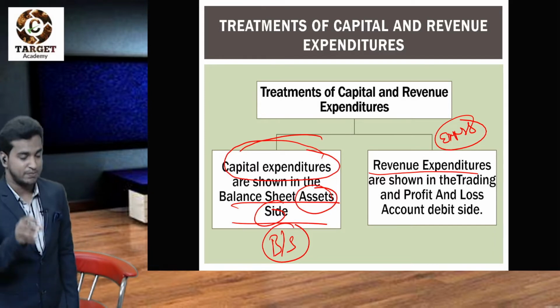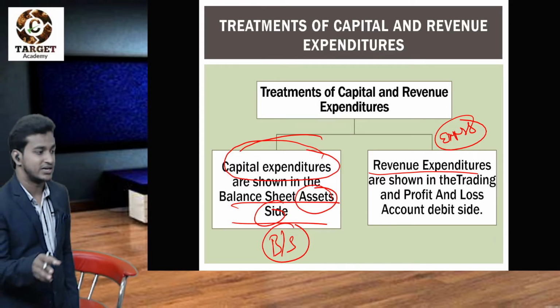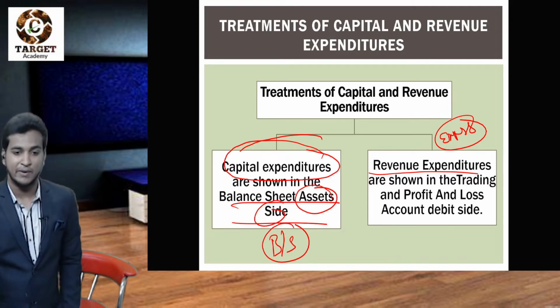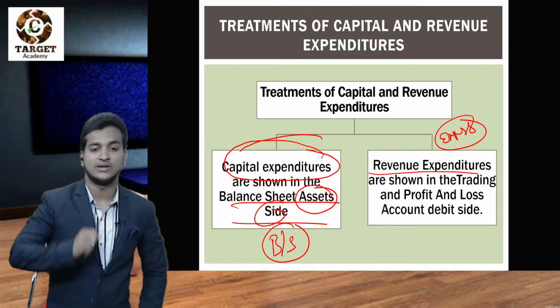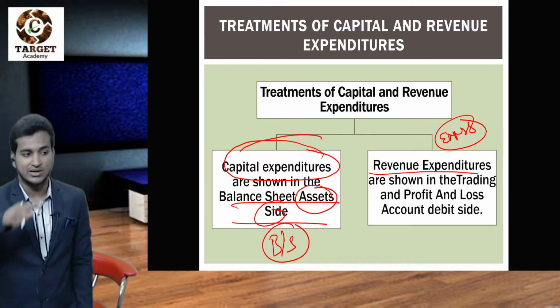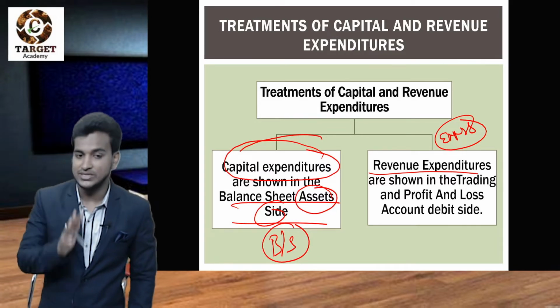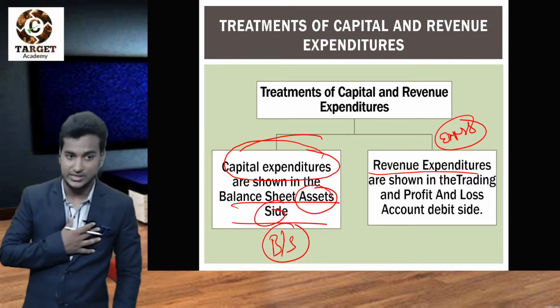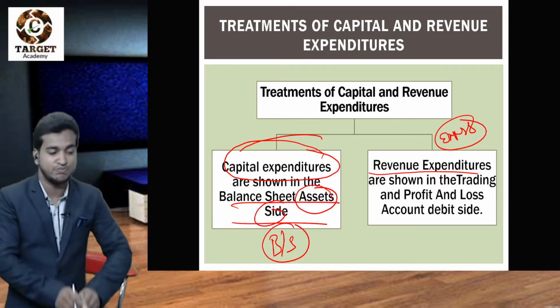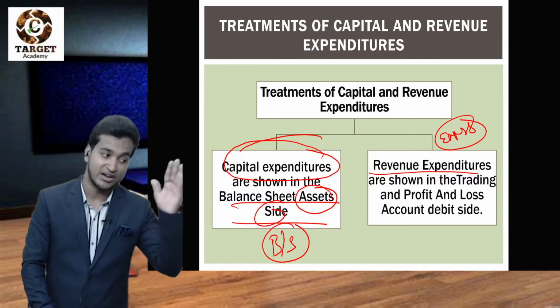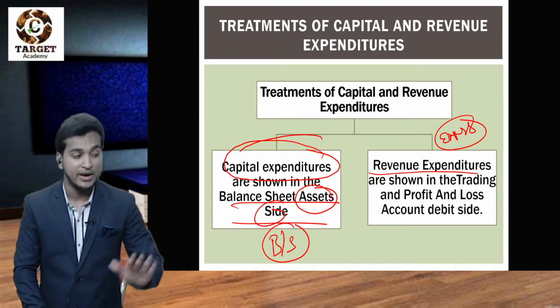Because these are expenses, they will come under the profit and loss account debit side or the trading account debit side, depending upon the nature of the expenditure. If it is wages, it will come under the trading account; salaries will come under the profit and loss account. That means if it is a revenue expenditure, that is an expense, it will come under either the trading account debit side or the P&L account debit side.